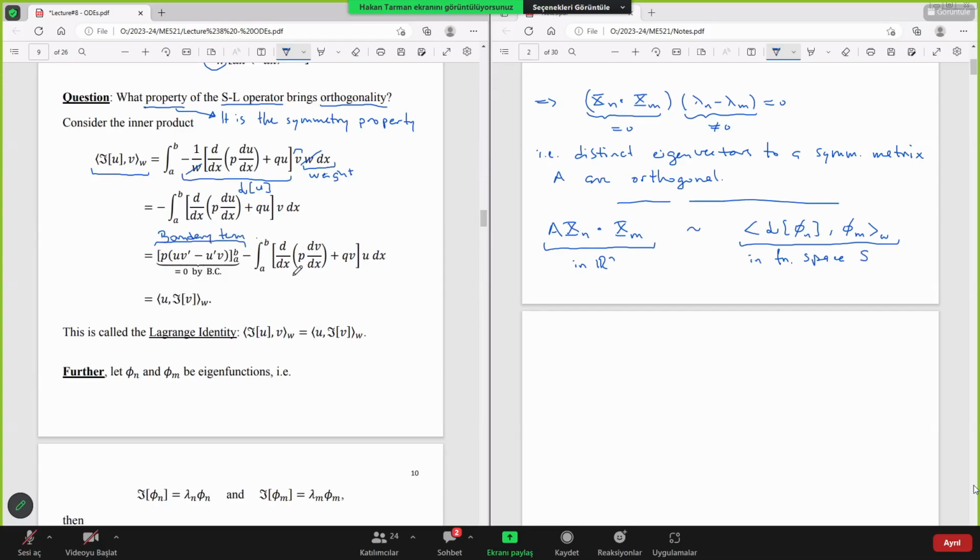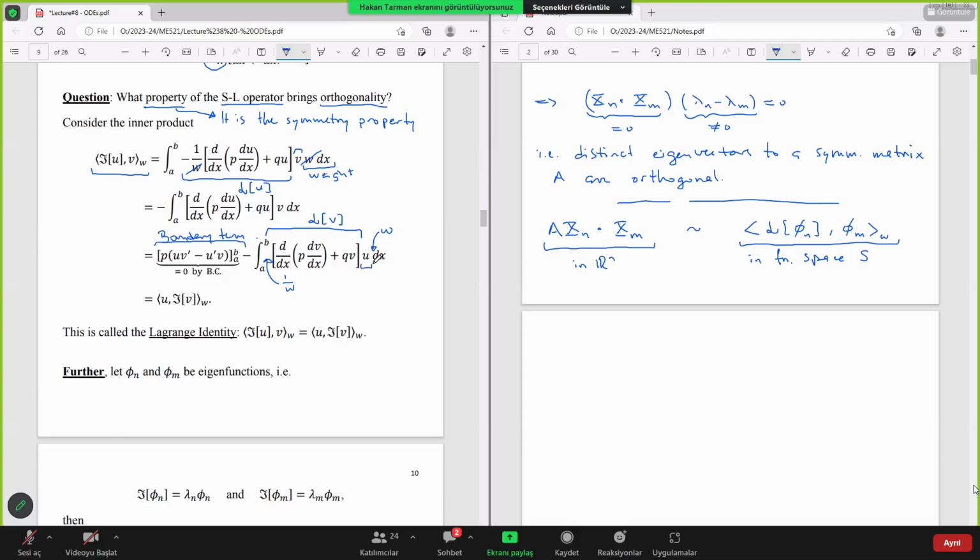And now this is what? This is, if you put a weight here, and then divide by the weight, this becomes your operator operating on v, right? u and v change places.